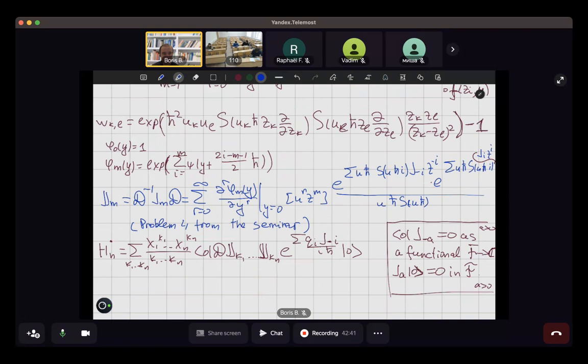It means that we have here some power series in p variables. So we have 1, then we apply some product of these exponents of J minuses.